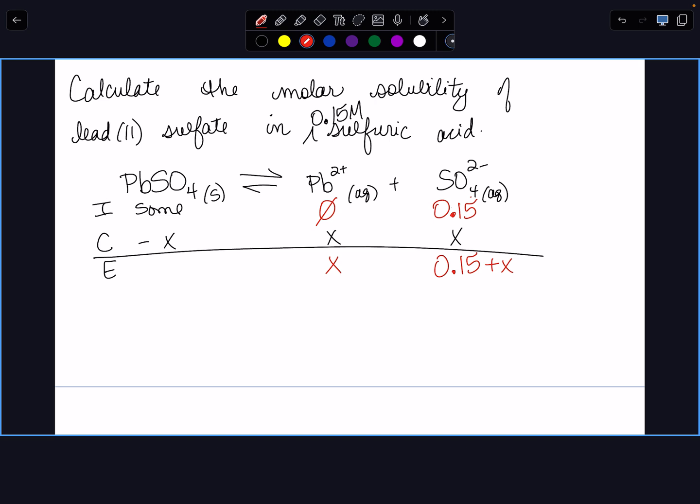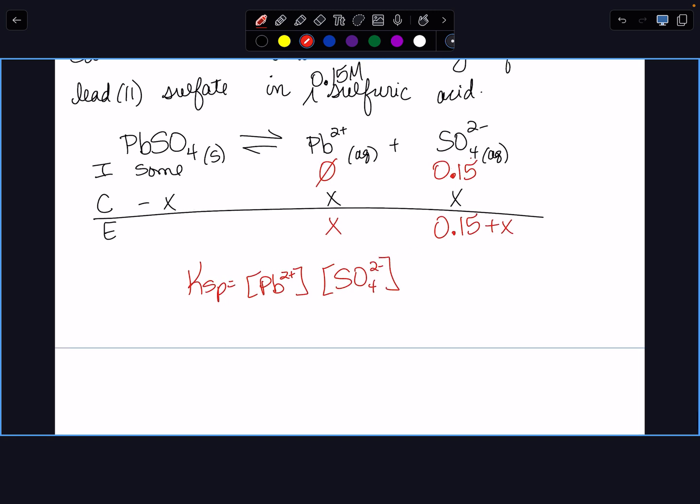So what the Ksp is going to look like: the Ksp is equal to the concentration of the lead times the concentration of the sulfate. From our ice table, Ksp is equal to lead, which is X, times the sulfate, which is 0.15 plus X. Anytime we have an ice table with a plus X or minus X on the equilibrium line, what did we always do when we were doing the pHs of weak acids and weak bases?